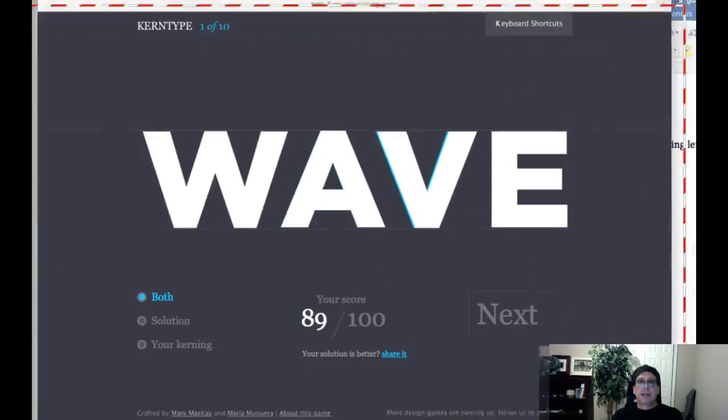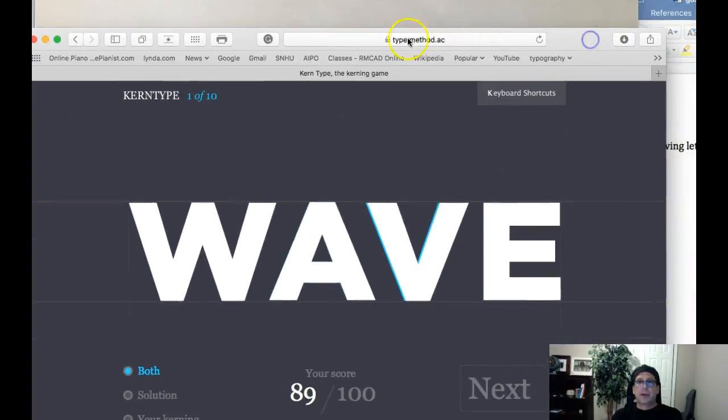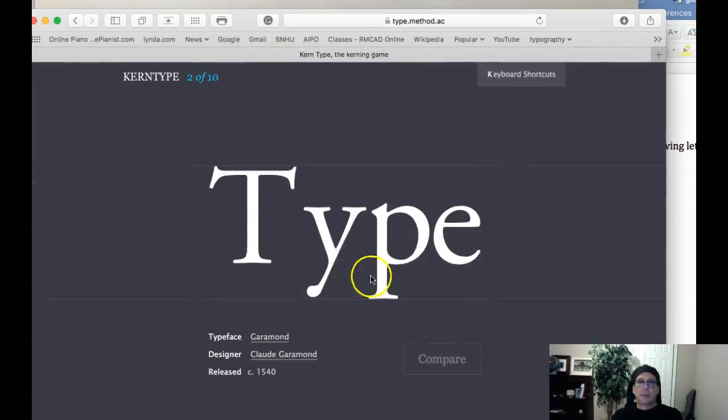The kerning game is great. So if you want to take the kerning game, just go right over here to the URL. I typically introduce this in week 2, but might as well introduce it a little bit early. It's type.method.ac. It's a weird URL, so I usually just Google the kerning game, and this will come up. It gives you different words that you can practice your kerning on.